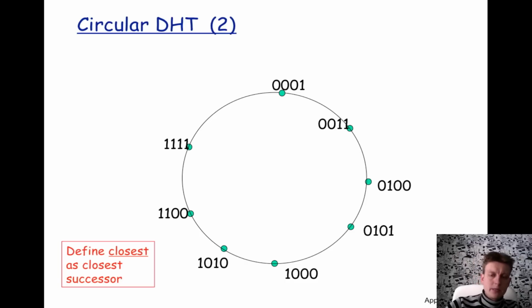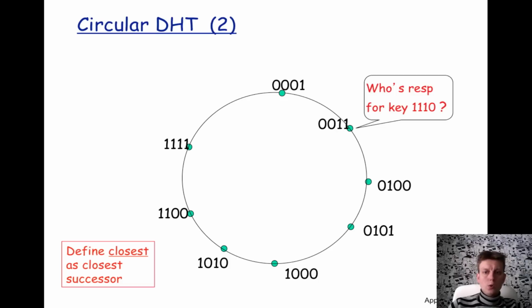So let us now demonstrate how a specific resolution request would travel in such an overlay network. The assumption here is that each peer is only aware of the immediate successor and the immediate predecessor, the identifiers of the immediate successor and predecessor peers. Assume that peer number 2 has got a request: who is responsible for the key with this value?